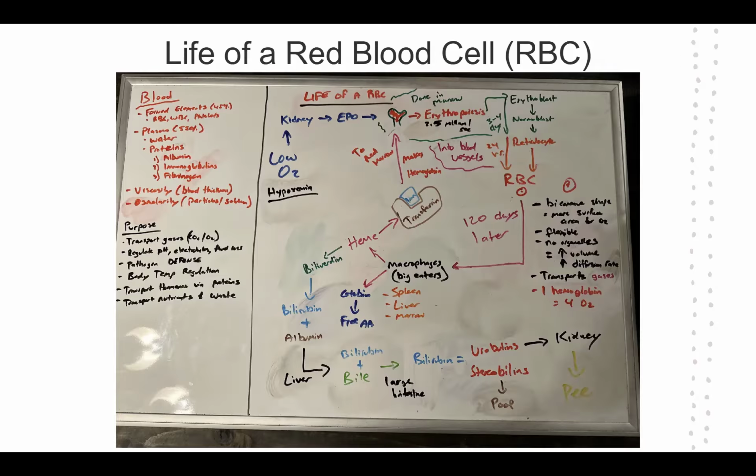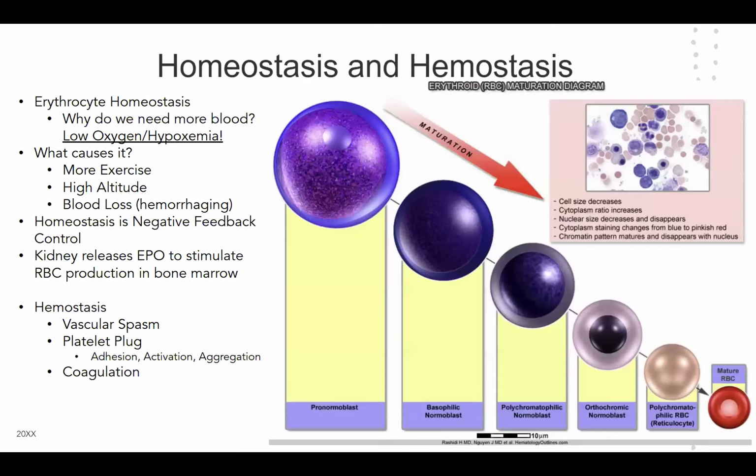So these hematopoietic stem cells can turn into a red blood cell, a white blood cell, or a platelet, depending on what's needed. But for the purposes of this, that hematopoietic stem cell will turn into what we call a proerythroblast. So you can kind of see it back here.